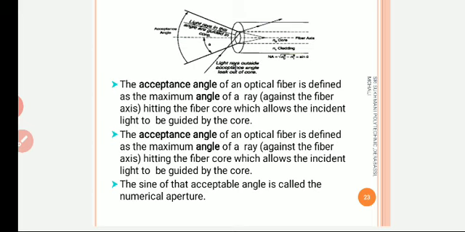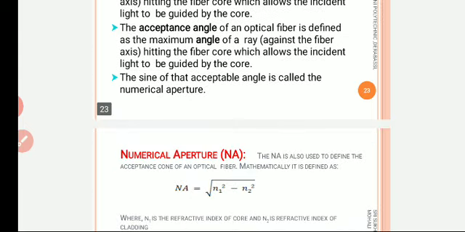It decides at which angle the light should be inserted into the core from a laser or LED. The acceptance angle of an optical fiber is defined as the maximum angle of a ray hitting the core, which allows the incident light to be guided by the core.